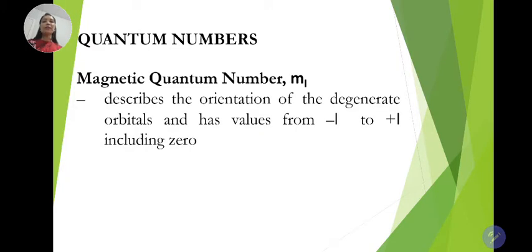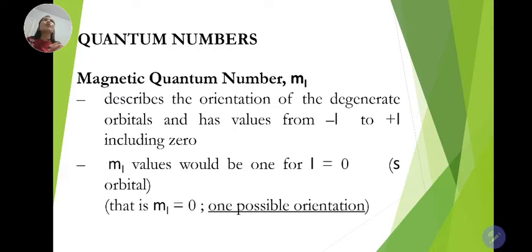So we have now the magnetic quantum number. These are the spins of the electrons inside a shell or a quantum energy level. So it has values of negative and positive. So yan yung spin kasi ng electrons. Usually, we have 2 electrons in an energy level. So we have these values for L equals 0.